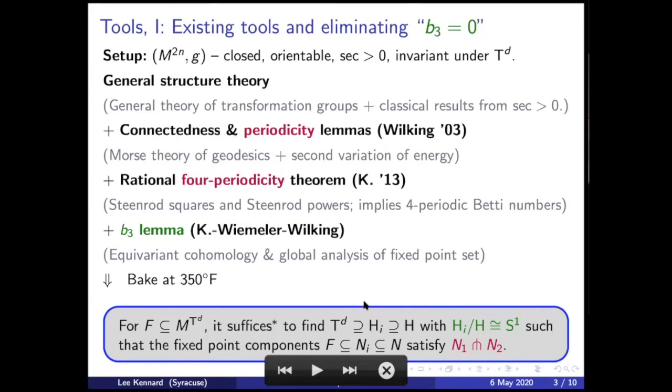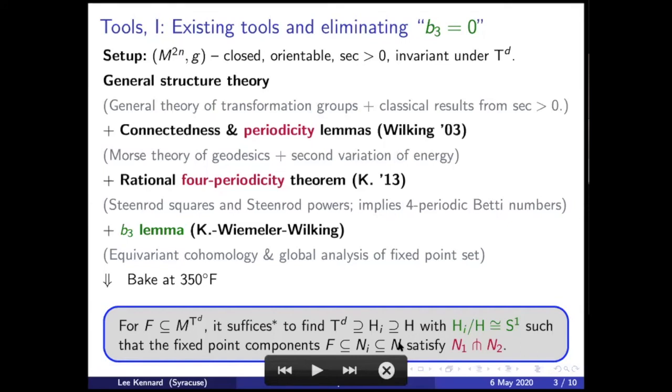The connectedness lemma tells you that the inclusion map from N1, let's just say N1. I'm going to lie a little bit, so if Burkhard and Mikkel are watching, just ignore me for a minute. Basically, you get that the inclusion maps are highly connected maps, so they induce isomorphisms on homology and cohomology.